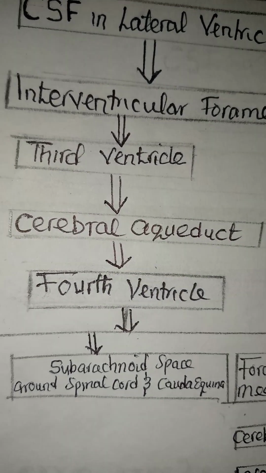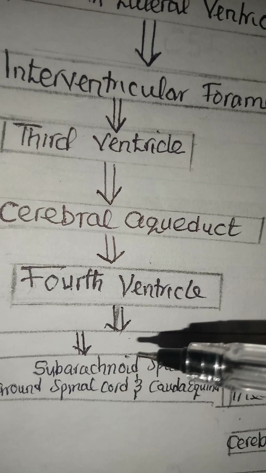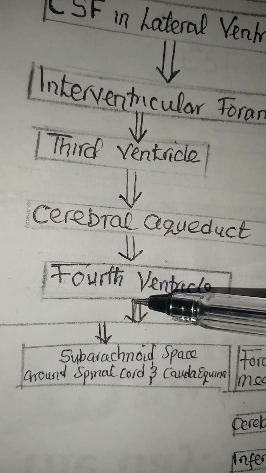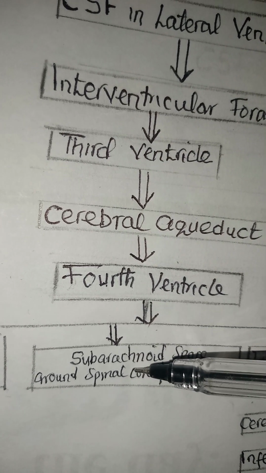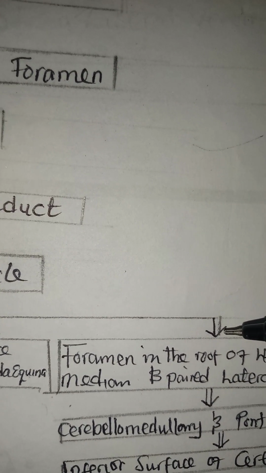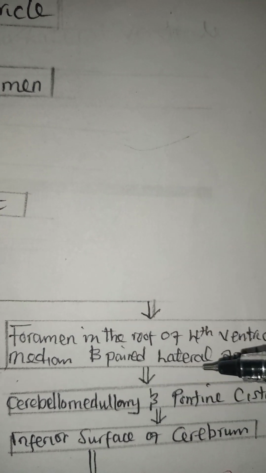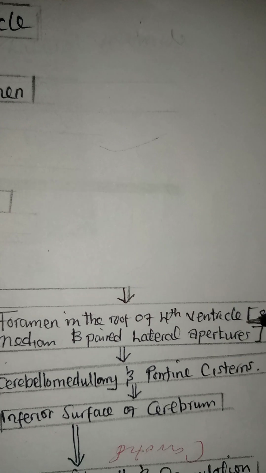Okay, not only secreting or rather transferring the cerebrospinal fluid into the subarachnoid space, it is also transferring the cerebrospinal fluid into the medial, which is the single midline, as well as the paired lateral apertures.